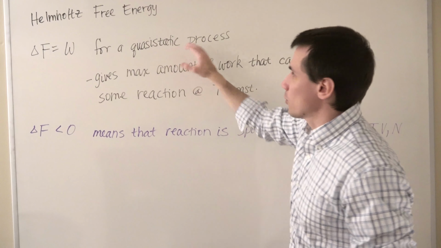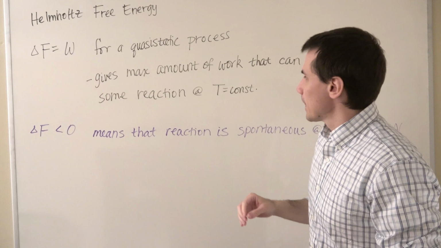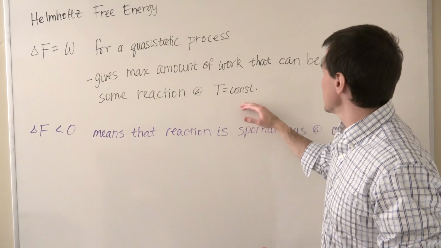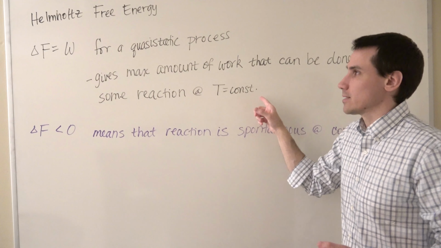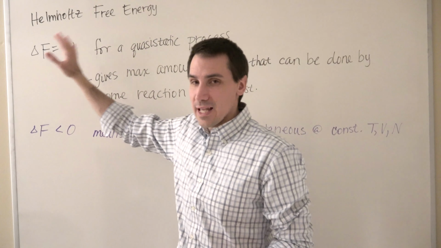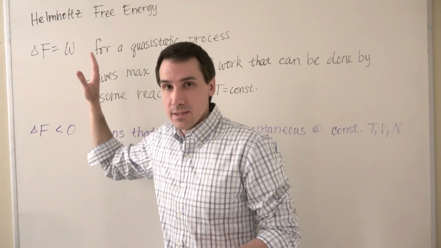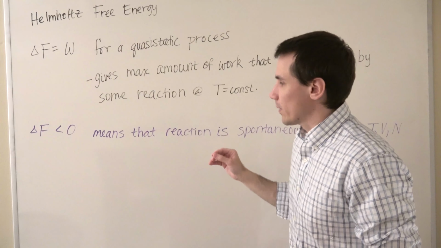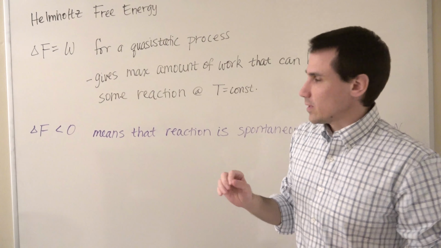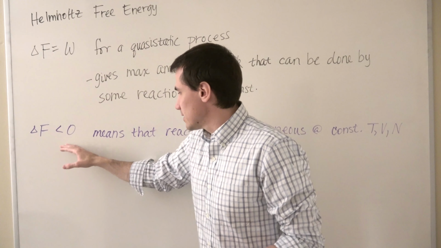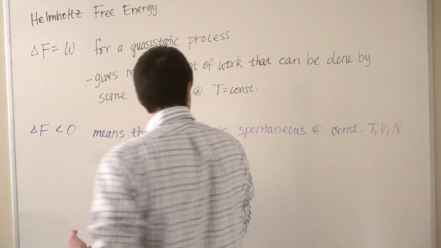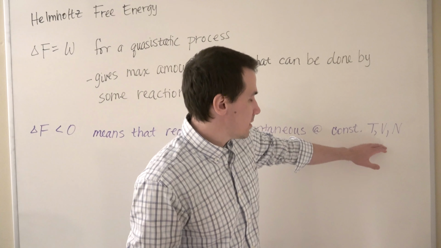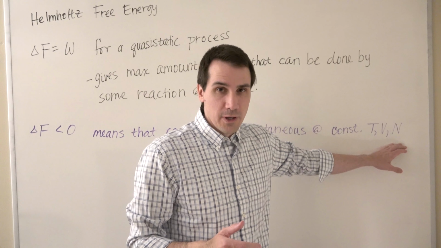Again, this is true for quasi-static processes, and in deriving this, we held the temperature constant. So this is something that holds if the temperature is constant. Okay, we also found that if delta F is less than 0, this means that the process will happen spontaneously for a constant temperature, volume, and number of particles.